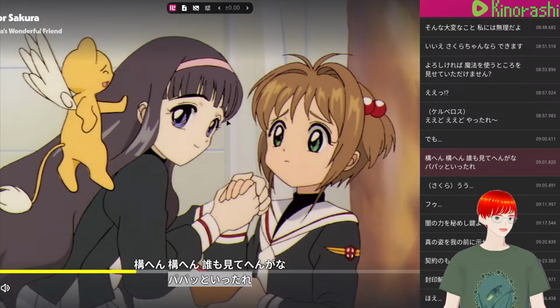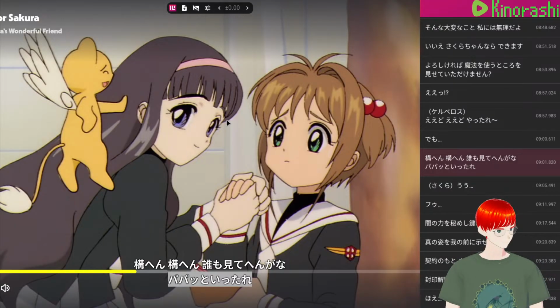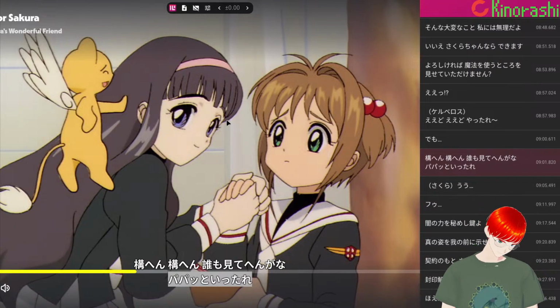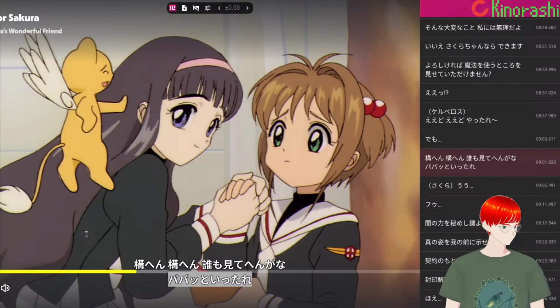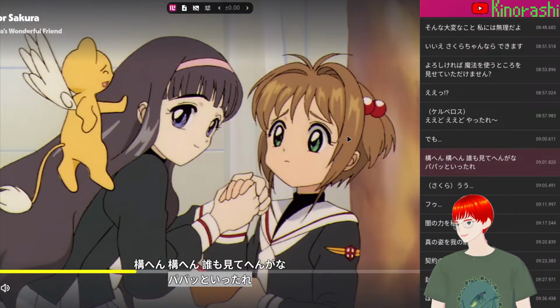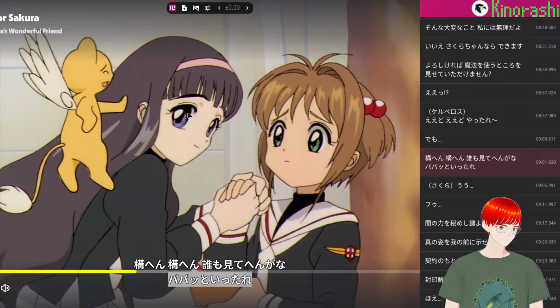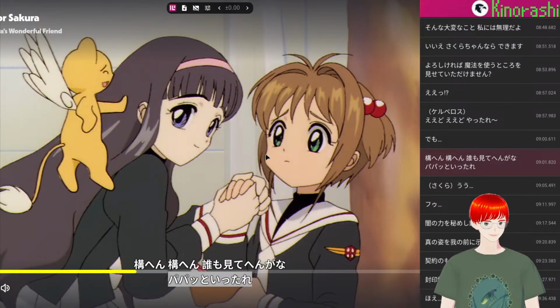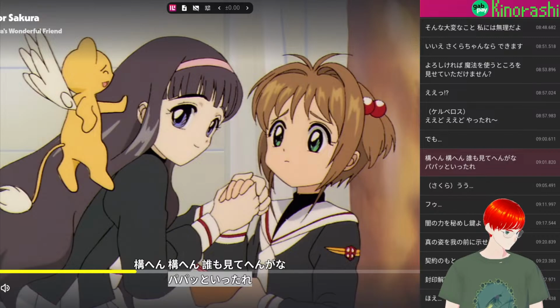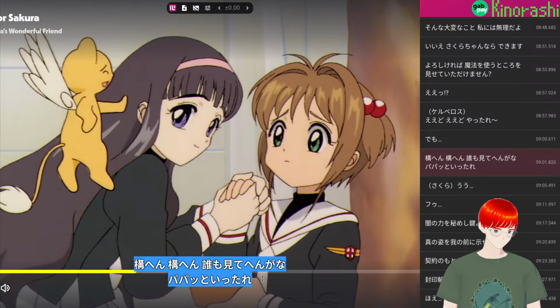The conditional form of... oh, that's right. This is itara as in to say, or to do. Iku can become ite. Yeah, ita, so it's probably the do meaning, not the say meaning. Okay. Kamahen, dare mo mite hen ga na. Papato itare. Yeah.